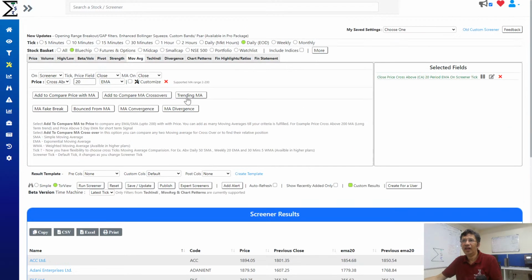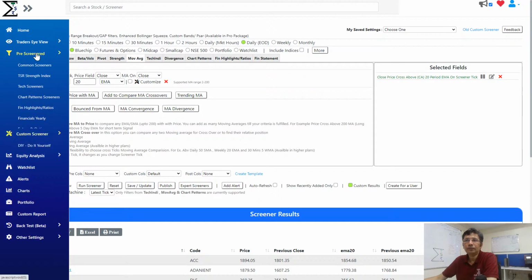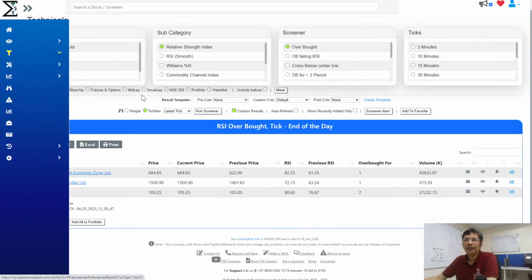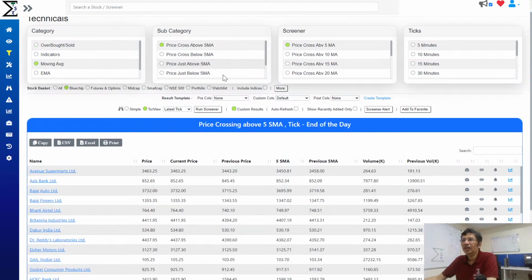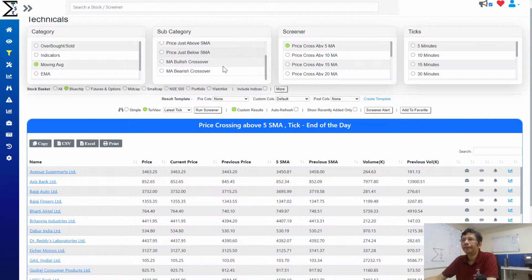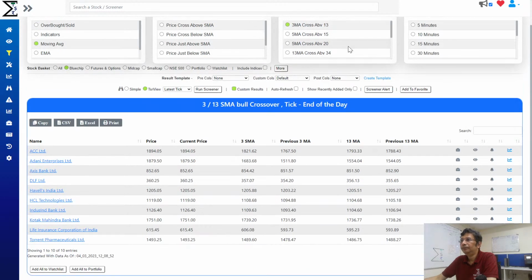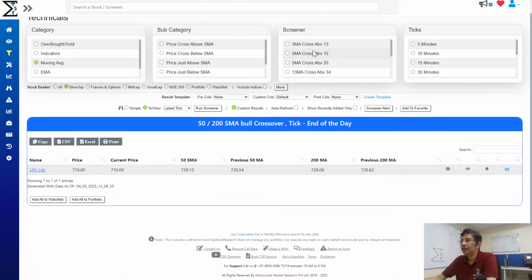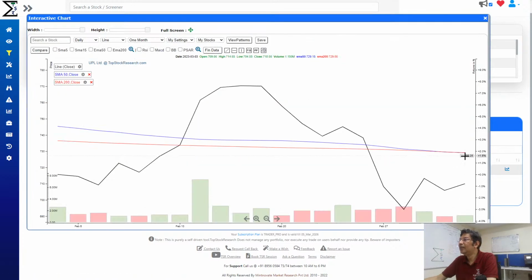In TSR, we have a ready screener for it. Go to pre-screen, technicals. In the moving average section, you have the 50 crossing above the 200-day moving average. So in the blue chip, you have UPL. That's where the 50 is crossing above.